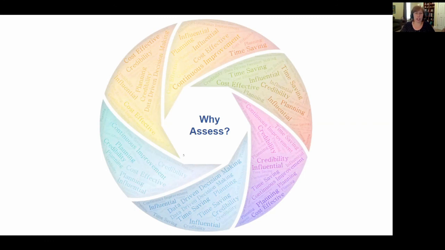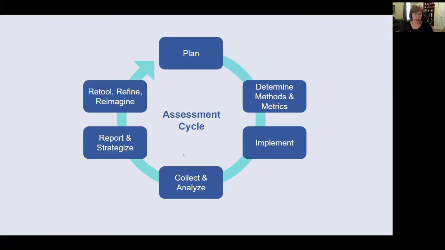People respect you when you have some data to back up your claims. It helps you make better decisions, can help save costs by making knowledgeable decisions rather than continuous trial and error, and helps you keep planning and improving. You know, libraries, we don't want to just be static and keep doing things the way we always did when our population and their needs are changing continuously. So we want to be able to continuously meet their needs and improve.